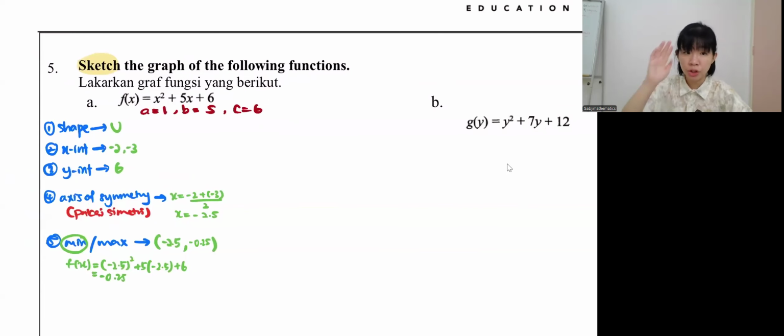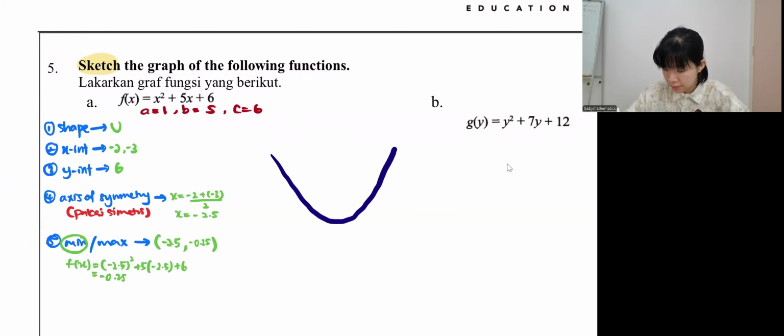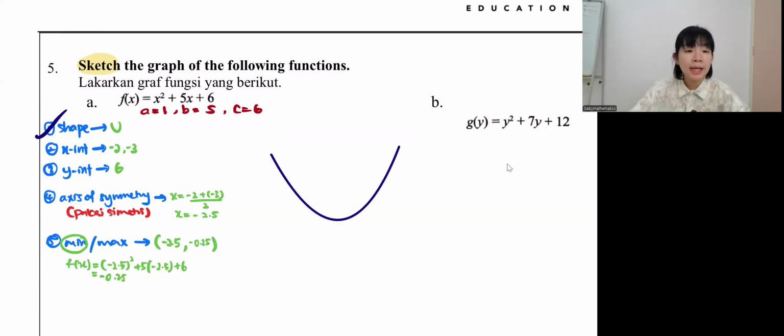First, follow the sequence. Remember, use only pencil. Now draw a happy face. Done. Next, you want to place the -2, -3 x-intercepts. So you must have the x-axis first.